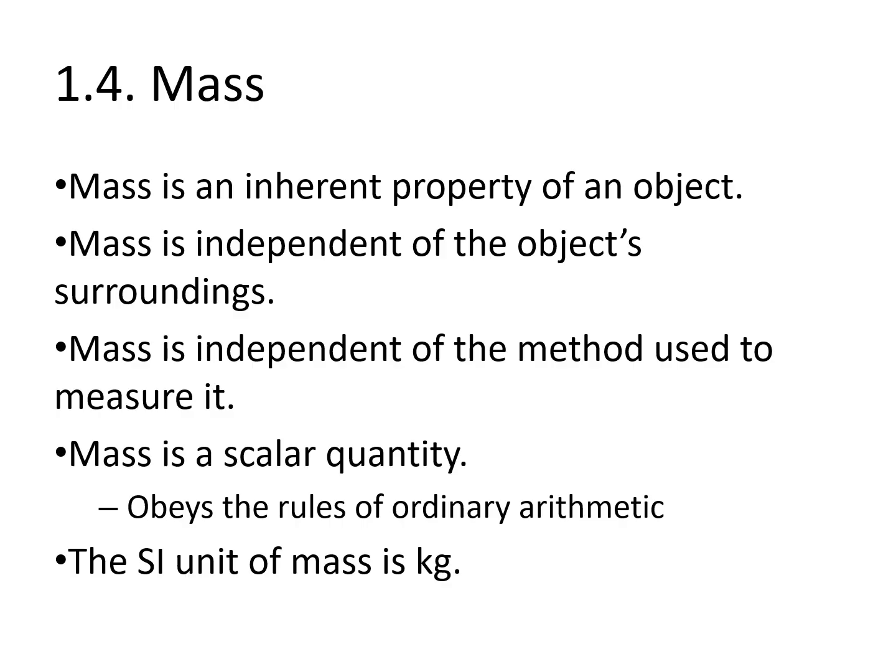Mass is also independent of the method used to measure it. Different reliable measurement methods should give the same value. Mass is a scalar quantity. It has magnitude but no direction. So masses combine using ordinary arithmetic rather than vector addition. The SI unit of mass is the kilogram, abbreviated as kg.